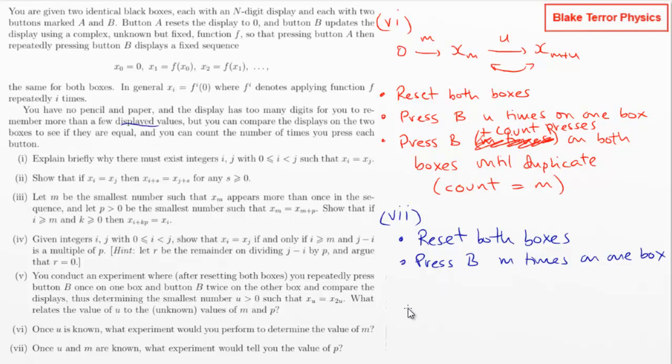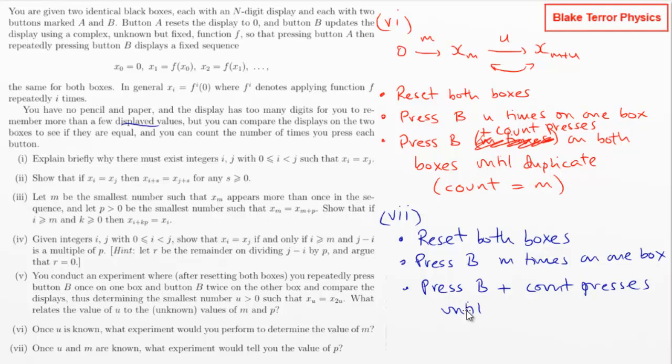Either way, let's just stick with press B and count presses. We're doing the same thing until we get a duplicate again, is what it's going to be, isn't it? Is that going to be right?